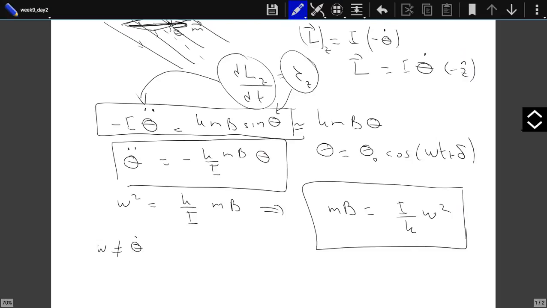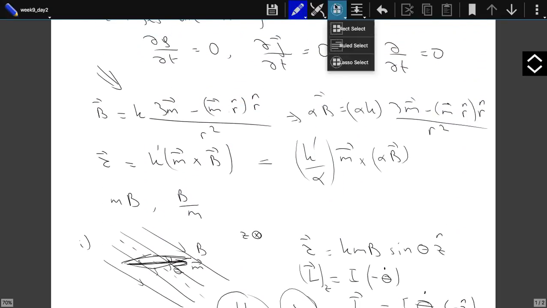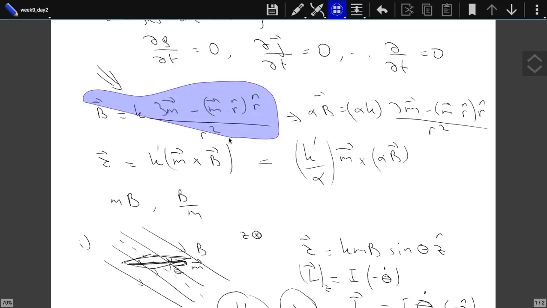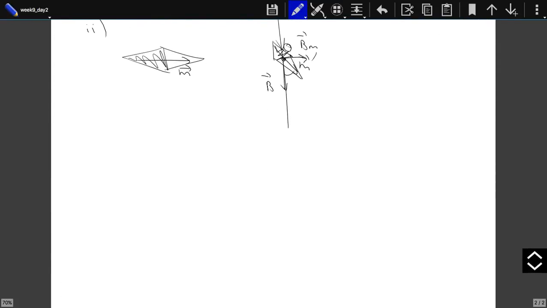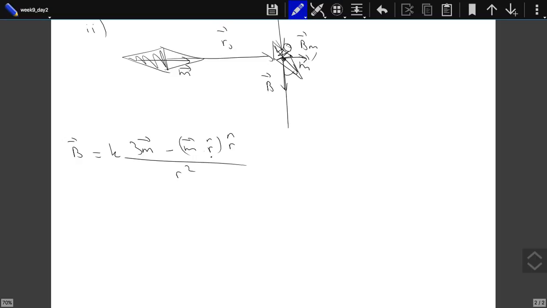Well, why do I know it's in that direction? Let's look at this expression over here. Well, we have assumed this distance is, let's say, R0. So this is R0, this is B0, or Bm. But R0 hat is nothing but M hat. R0 hat, remember, is a unit vector in the direction of R0. But M is in the direction of R0, so M hat is the same thing as R0 hat.